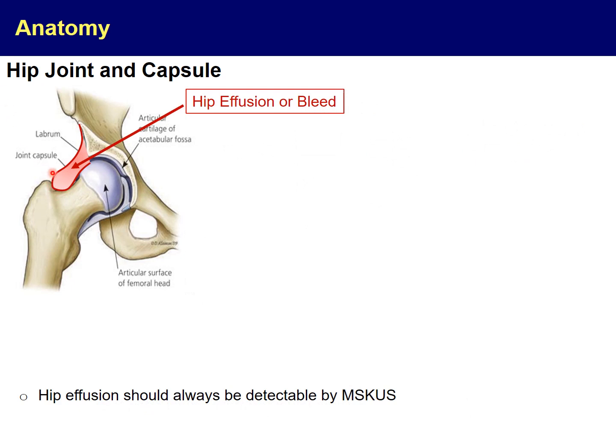The joint capsule is a thick fibrous structure since it also contains intra-articular ligaments. If a hip effusion or bleed occurs or originates here from the joint space, it will accumulate within or underneath the capsule. Hip effusions should always be detectable by musculoskeletal ultrasound.